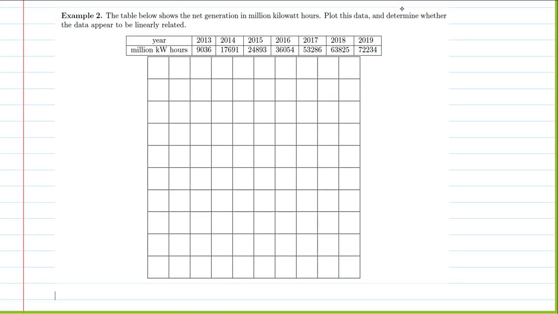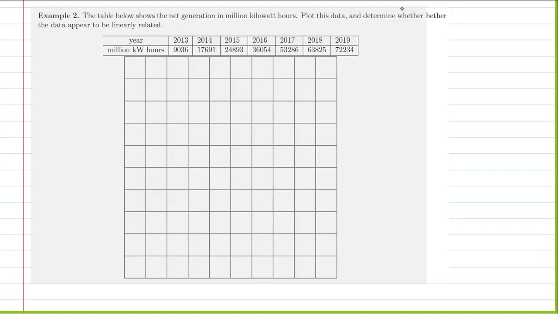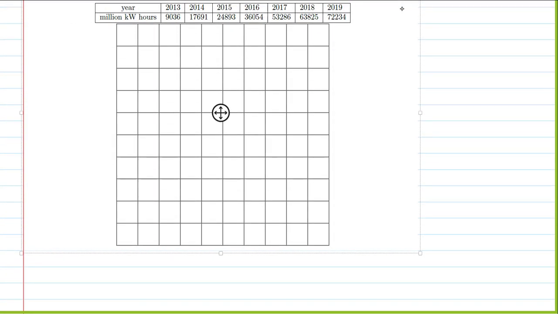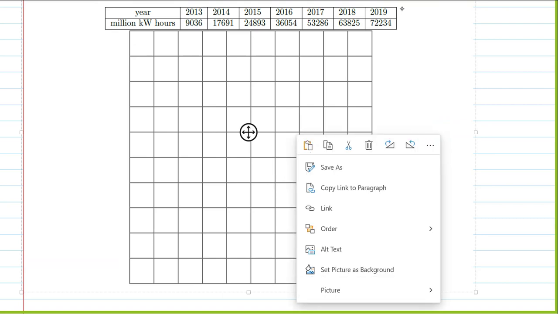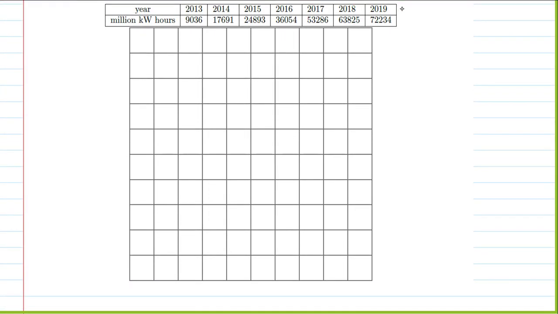So it appears on our input axis, or row 1, that we have time, and on our output axis, it appears we have million kilowatt hours. So we have the year 2013, 2014, 2015, 2016, 2017, 2018, and 2019.